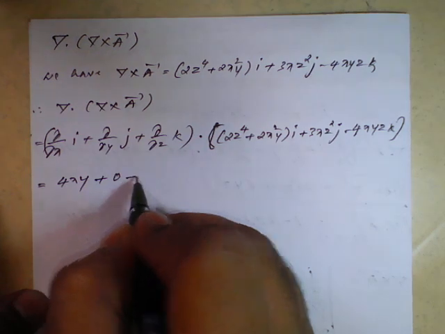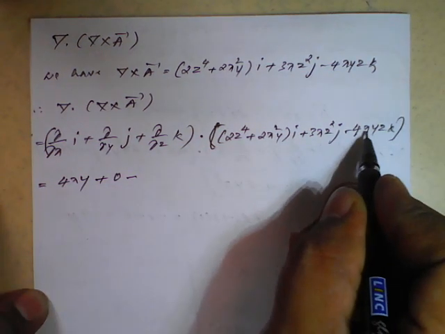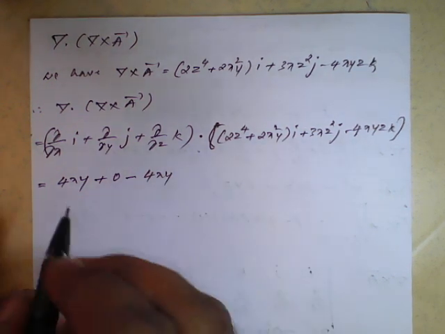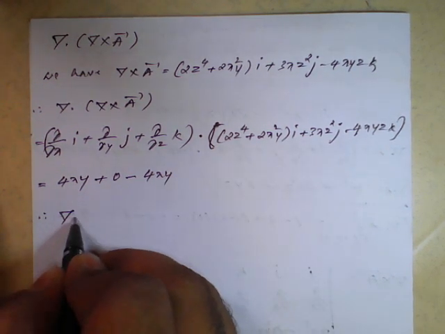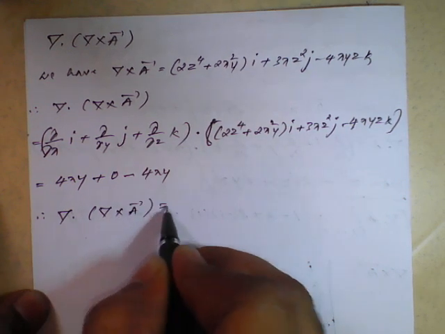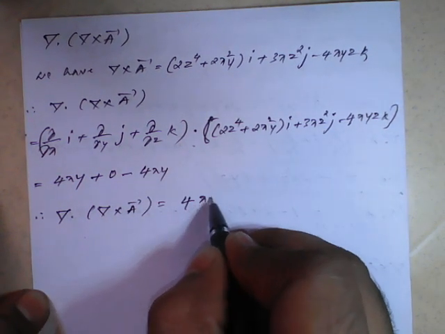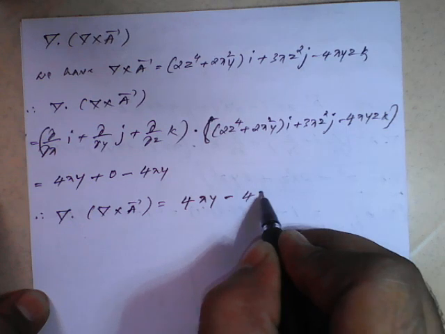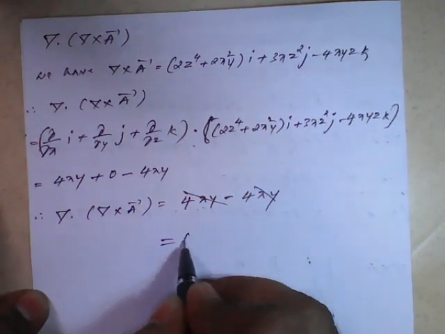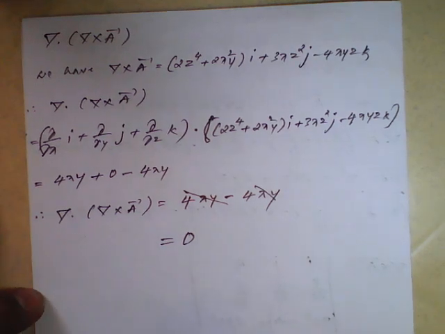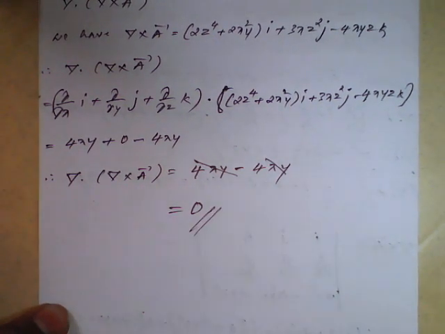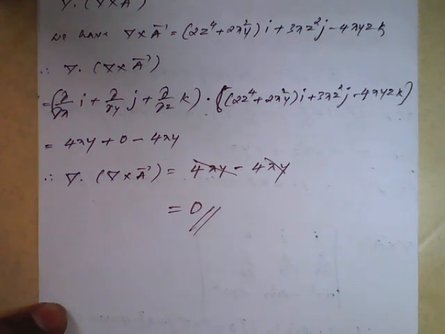Plus into minus is minus, dou by dou z of 4xyz, which becomes 4xy. Therefore del dot del cross vector A, we got the answer 4xy minus 4xy, which cancel each other, so the resultant is 0. So no need to pass through the point; 1 minus 1 is 0. In this way we conclude the example.